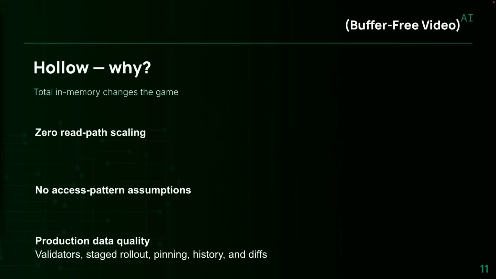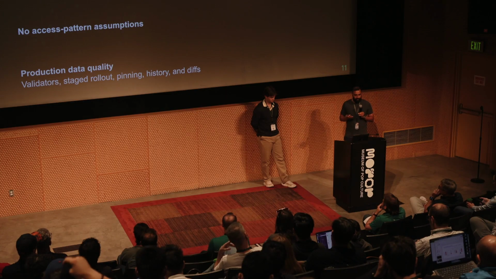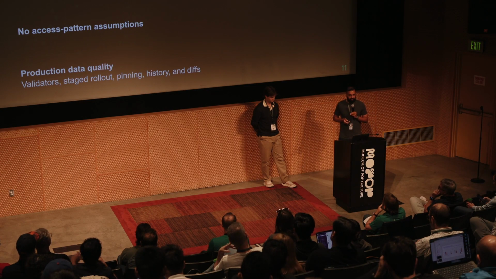Data models and access patterns evolve on consumer teams without coordination between the producer and consumer teams. And finally, production data quality tends to be really stable, because this version publish paradigm offers things like validators, region staggered rollouts, version pinning, history, and diffs, all possible because the dataset is versioned.